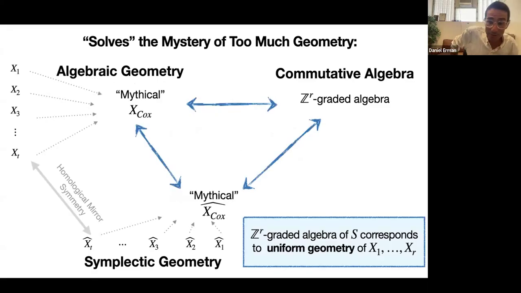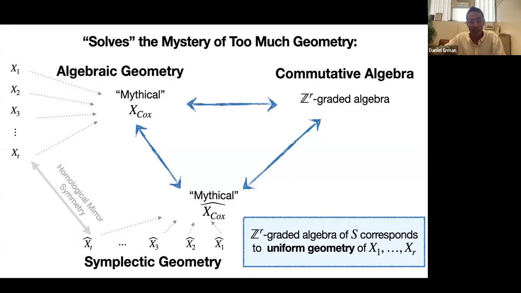I think the answer is, well, I'll say it two ways, right? One is maybe the goofier answer, which is that it goes through this mythical X Cox. The Cox category allows you to synthesize the contributions of the X's, and that's what's in conversation with the graded algebra. I think the better, more meaningful way to say it is that multigraded algebra things are going to give you uniform geometry of the X's.